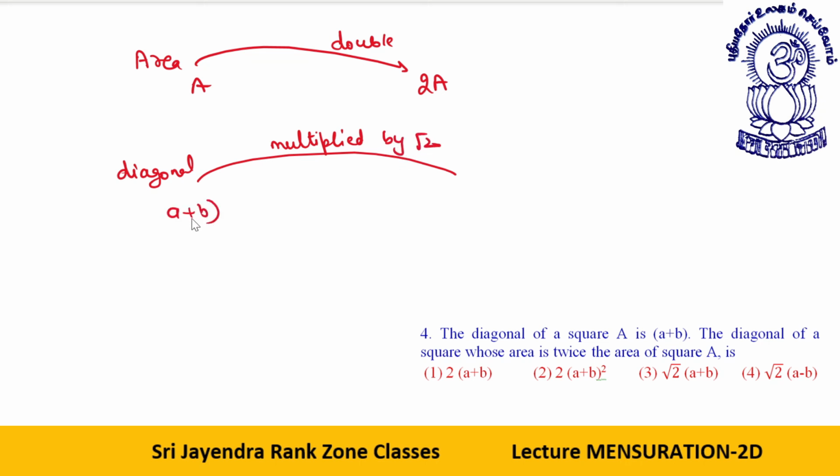Initially it is A plus B, so the new diagonal will be A plus B into root 2. This is option number 3. Clear, my dear students?